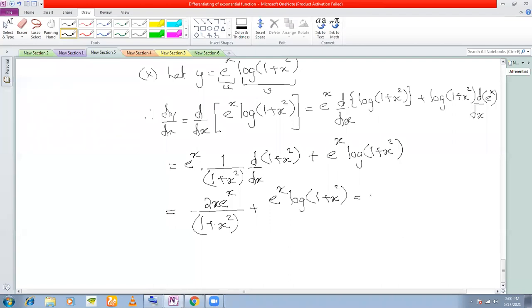To express this answer in a better way, you can take e to the power of x common. You'll get e to the power of x times [2x by (1 plus x square) plus log(1 plus x square)]. That's it. That's our answer.